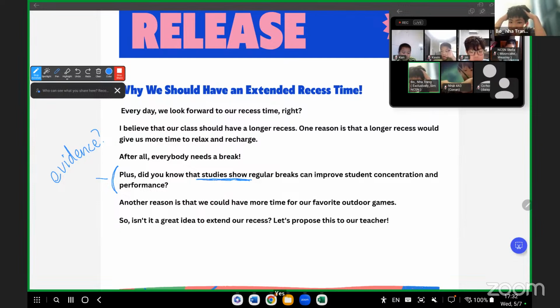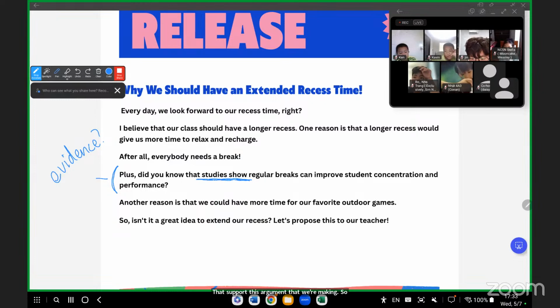Yes. By saying that studies show, we are talking about studies that have been done that support this argument that we're making. So whenever we mention a piece of information that we're not writing about, but we mention it to support our argument, that's when we're talking about evidence. But well done, you and Ken did get that right with the fourth paragraph.